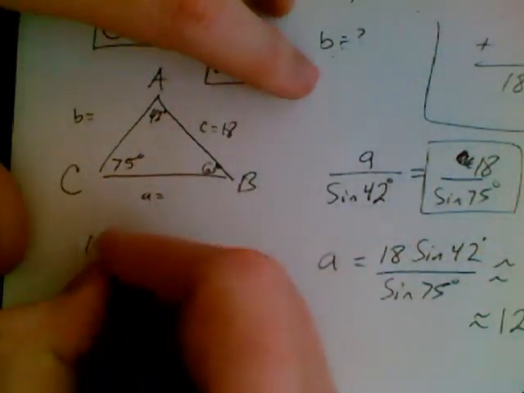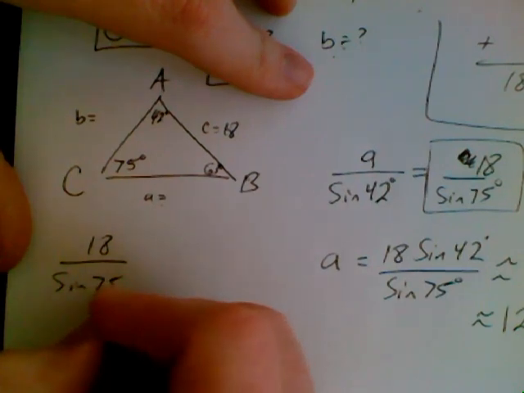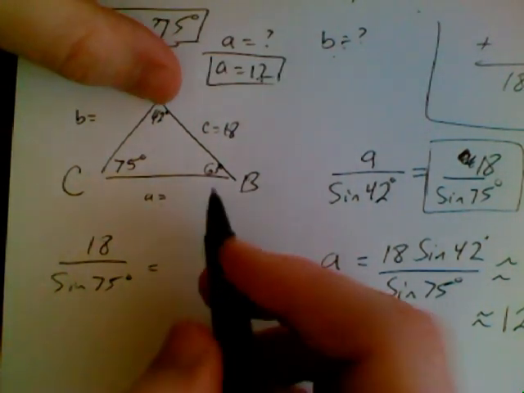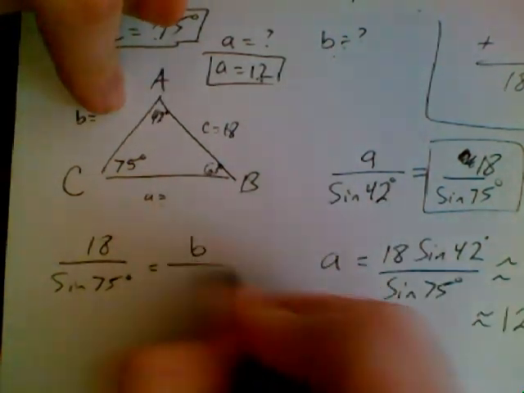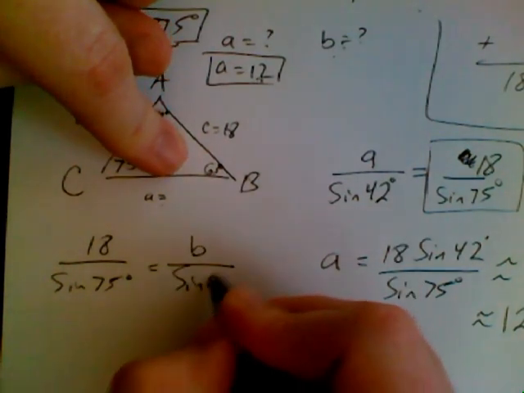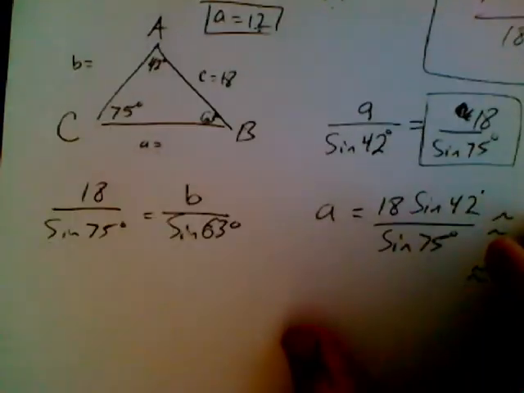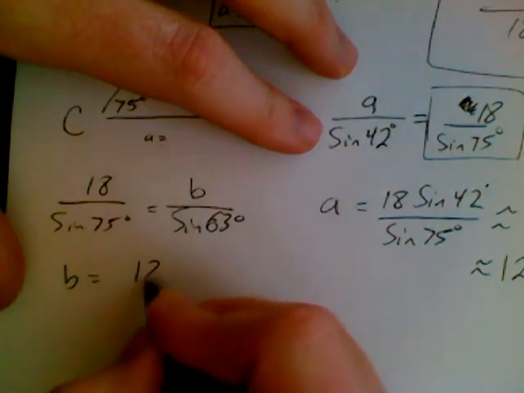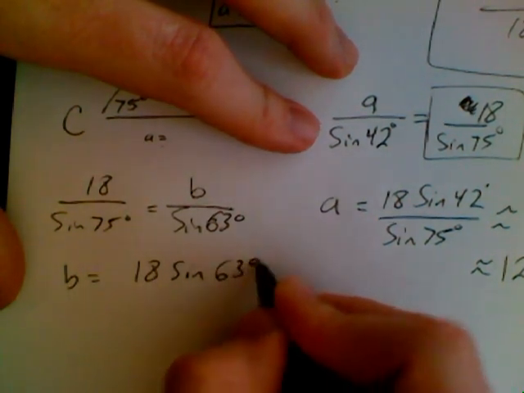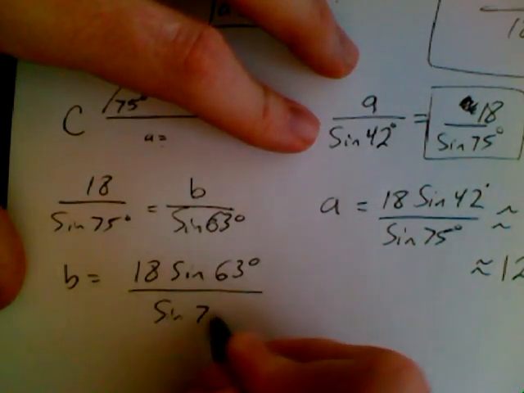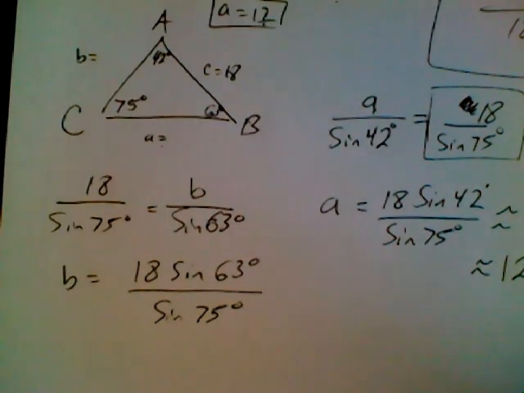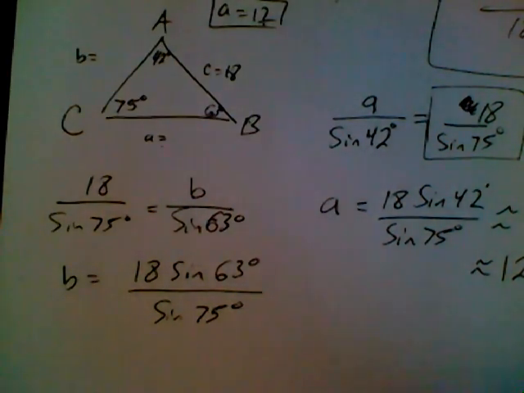So what I want to do here is 18 over sine of 75 degrees is equal to, and I'm going to use for b now, b on top, sine of 63 degrees. Solving this time for b, b is equal to 18 sine of 63 degrees divided by the sine of 75 degrees. I plug that into my calculator all over again.